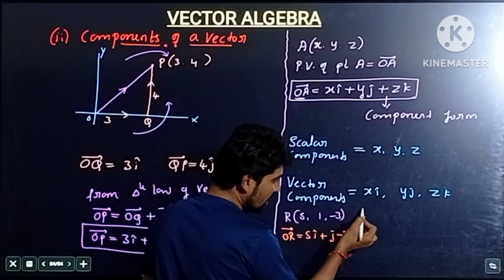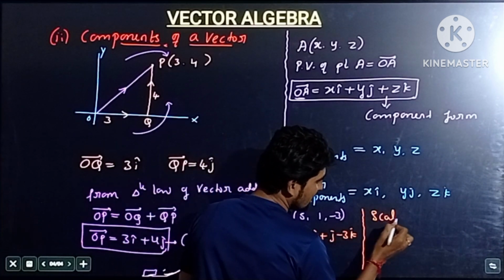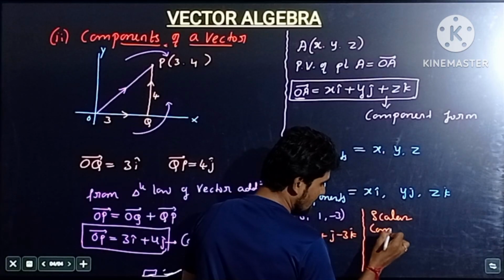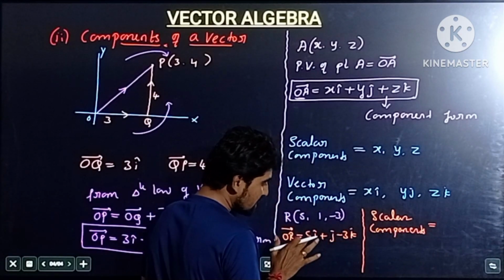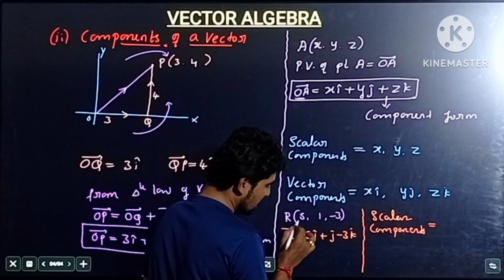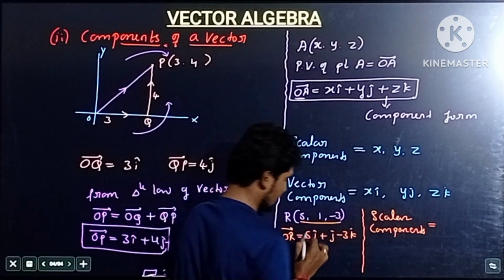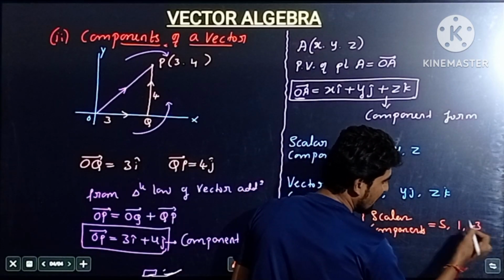And in this OR vector, the scalar components are the coefficients of i, j and k. That is nothing but 5, 1, -3. They are nothing but the coordinates of the point R. So first one is 5, 1 and -3.